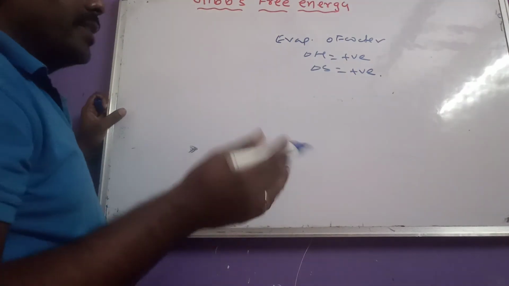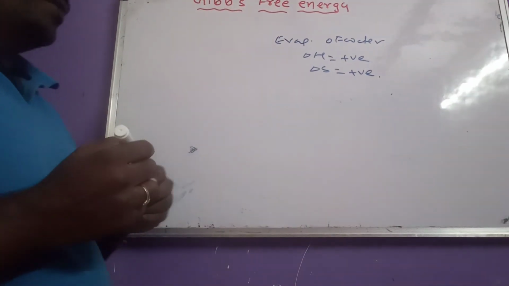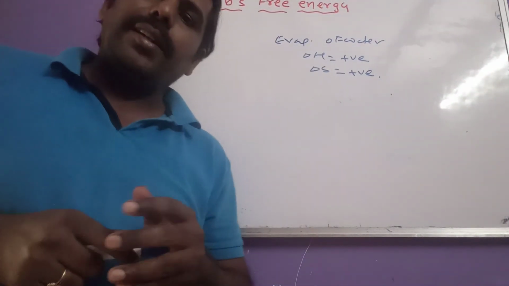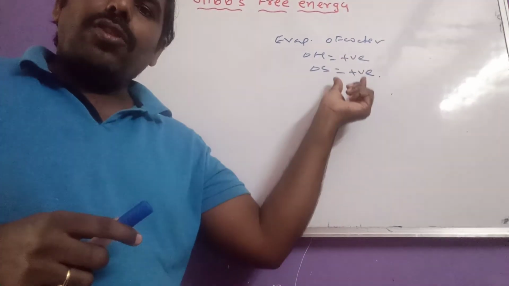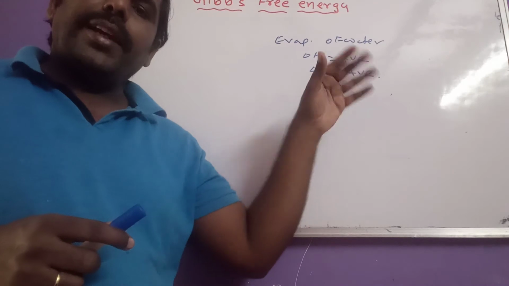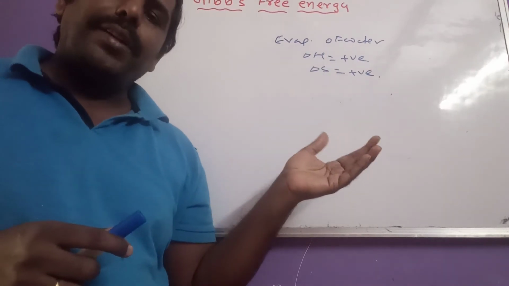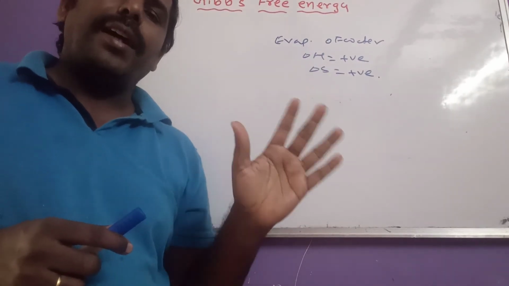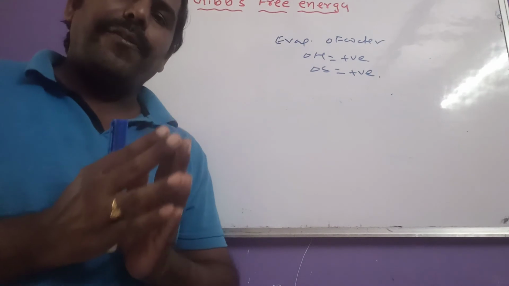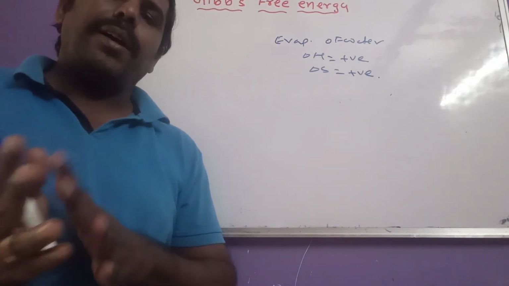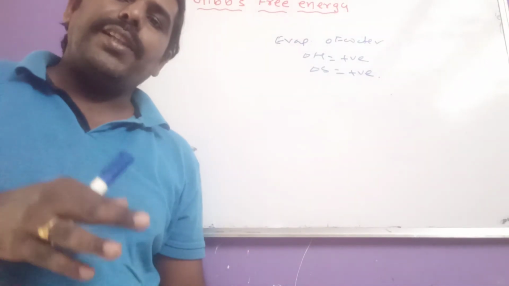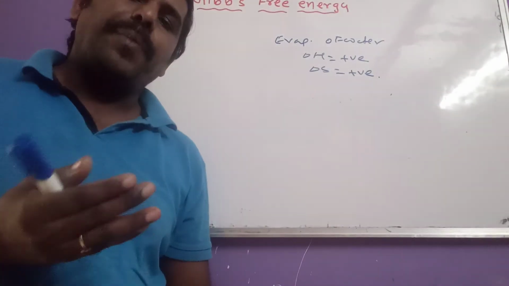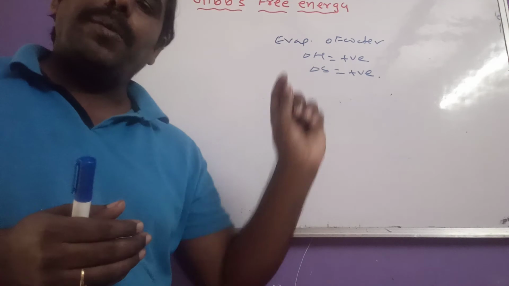So we have to observe not only delta H but also delta S. A combination of delta H and delta S will give the perfect solution for spontaneity, because in some cases delta H is positive but the reaction is spontaneous because delta S is positive.